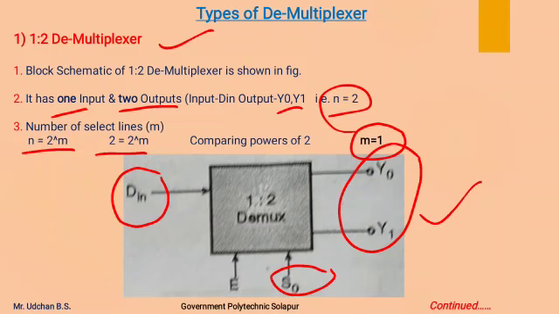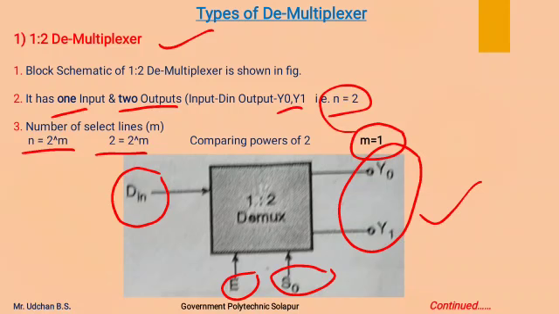This demultiplexer has an enable input line, that is E, which enables or disables this demultiplexer based on the value of input available at the enable input terminal. This is regarding the block schematic of the 1:2 demultiplexer.